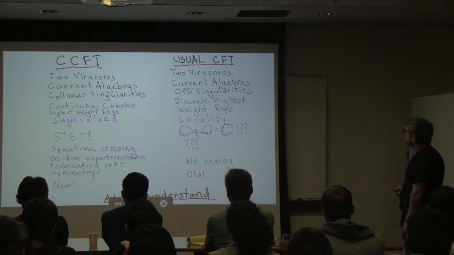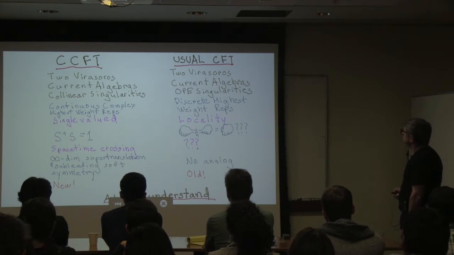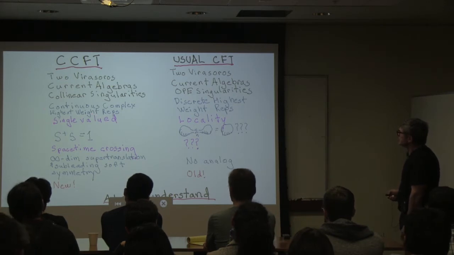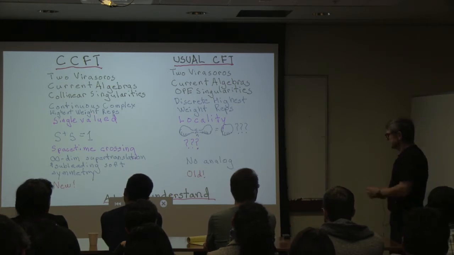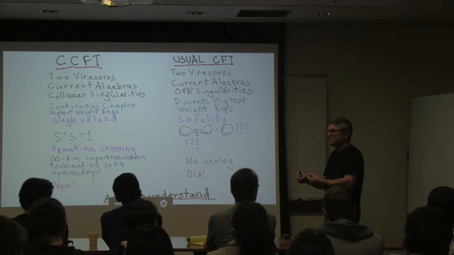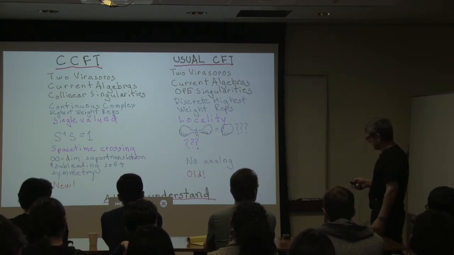So that's different. There's some notion of locality in usual CFT, depending on who you ask exactly what locality is. If locality is that you take operators around each other, you get back to where you started from, that kind of locality is okay.